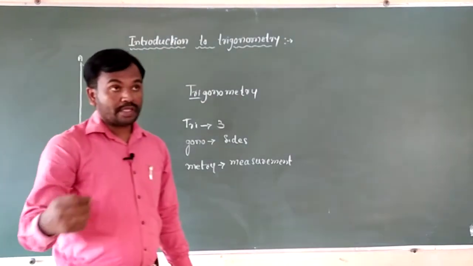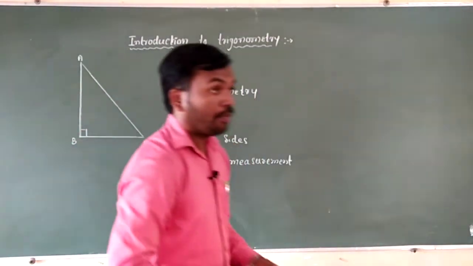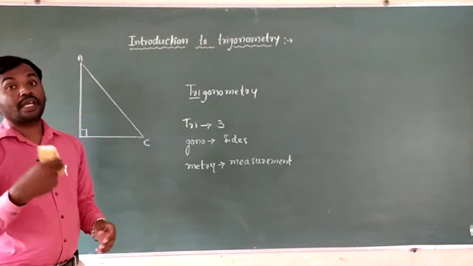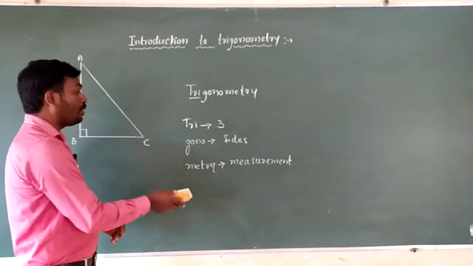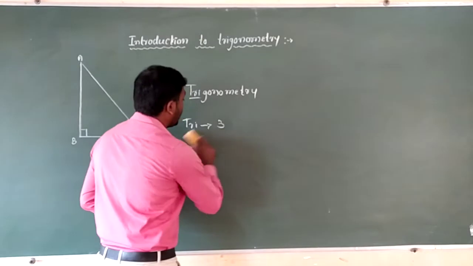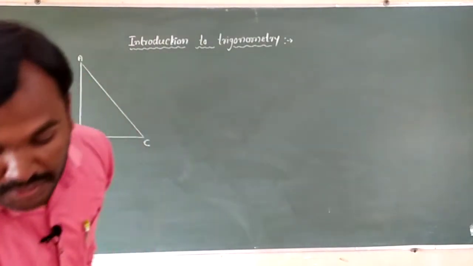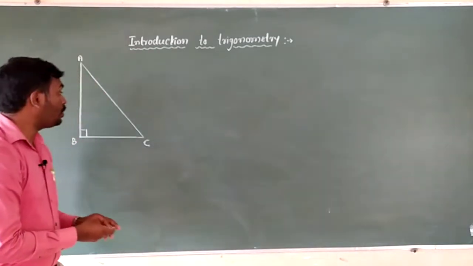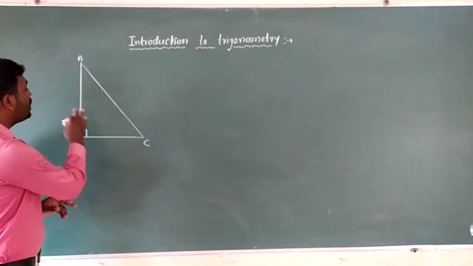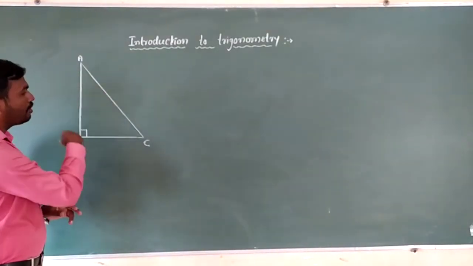So how to measure them? By using a scale or any other application. Let us discuss the trigonometric ratios. Trigonometric ratios means we take the ratio of any two sides of the given triangle.